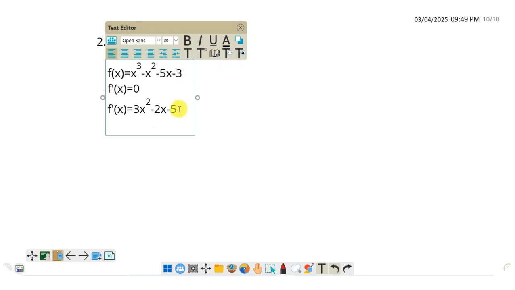Then we need this to equal 0, so we try to factorize this. How do you factorize something like this? You can use the quadratic formula or you can use the method I'm applying.